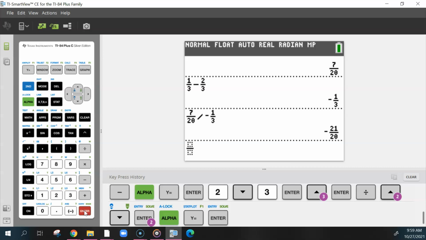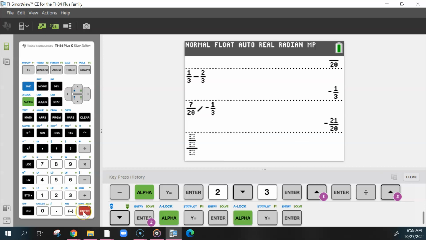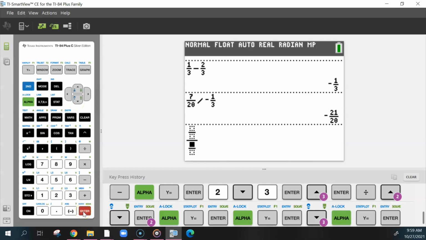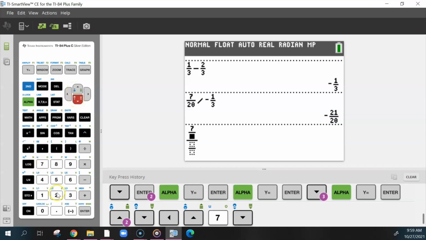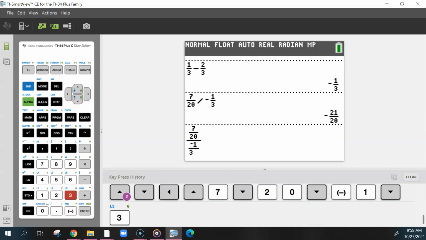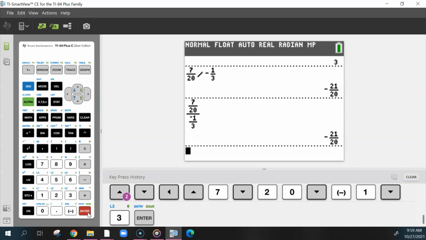If you got your 2 fractions and then wanted to put them all in one, you would do alpha y equals, go up to the top part, do it again, go down to the bottom part, do it again, and put both fractions in. You would still get the same thing, but you have to remember where you're putting things.